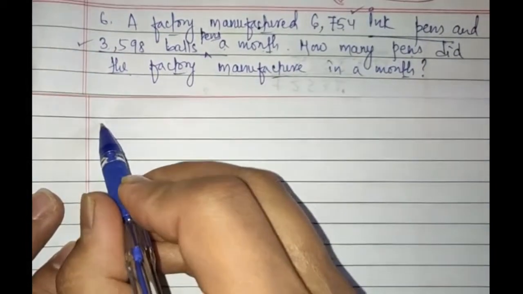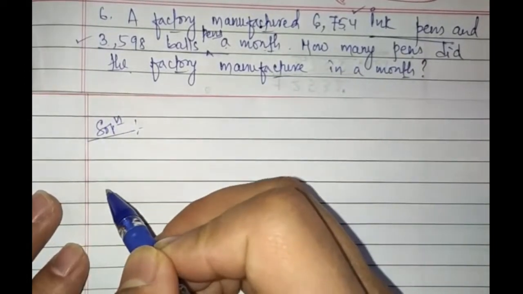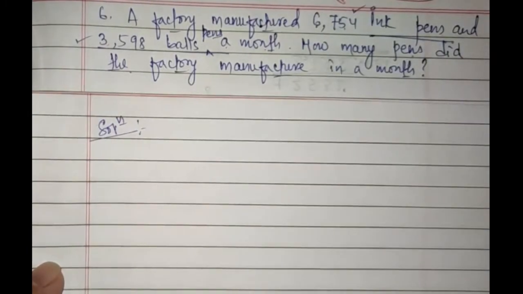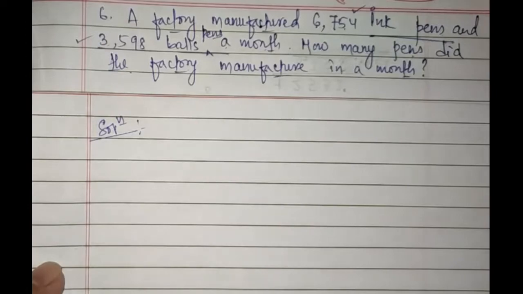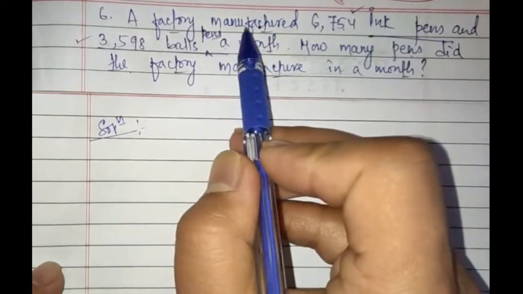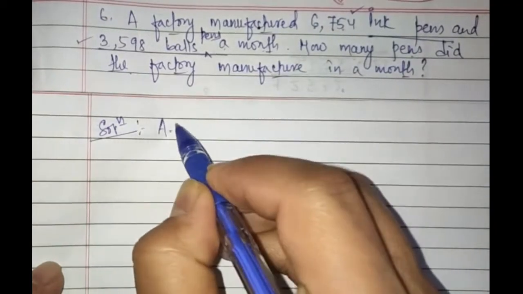First of all, how to write is the biggest problem when you are solving a word problem. Many students face a problem when they are making a statement. So you have to be very careful. Don't worry, you have to use the sentence which is given in the question only. Just read this: a factory manufactured this much of ink pens. So let's write according to the question.